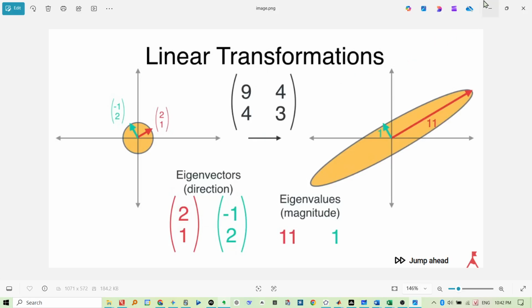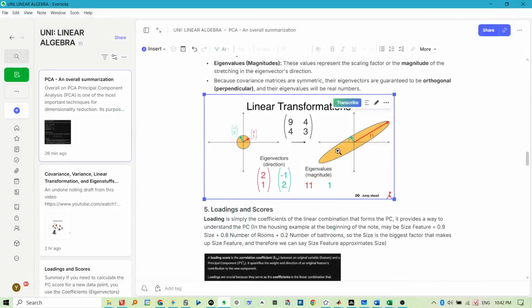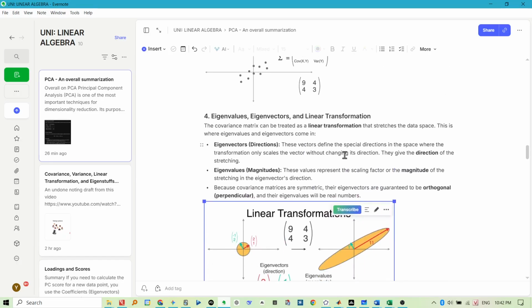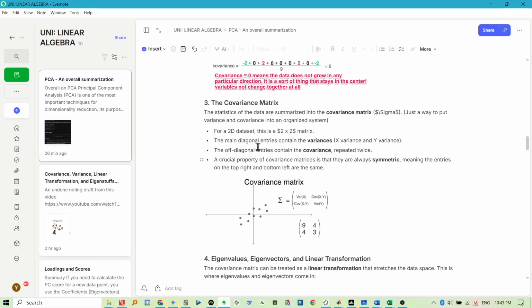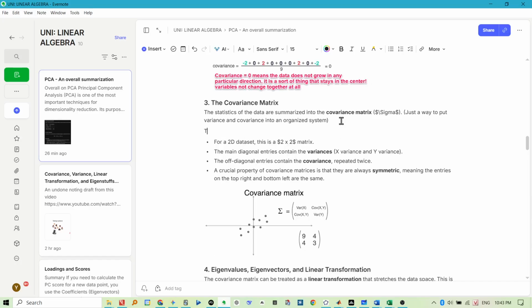Let me put it in a more concise way. So let's go back to the covariance matrix. The covariance matrix contains the information about the shape of a piece of data.